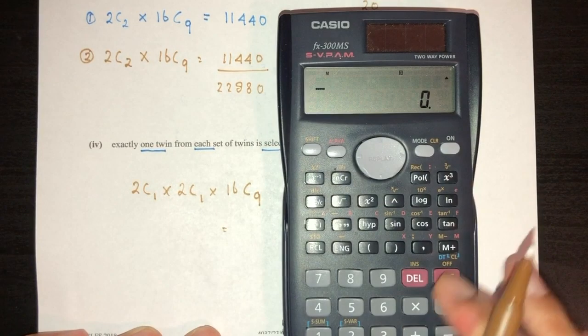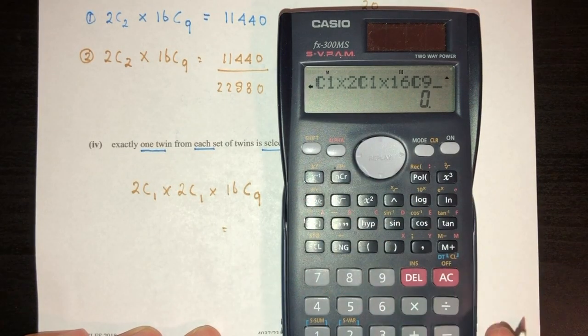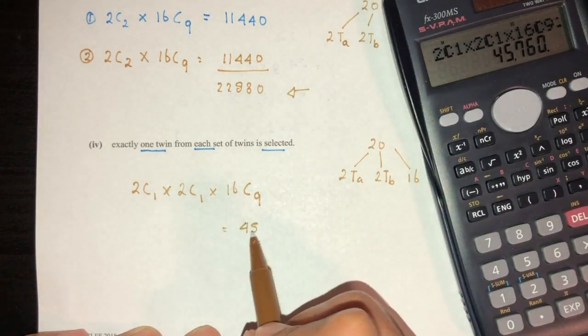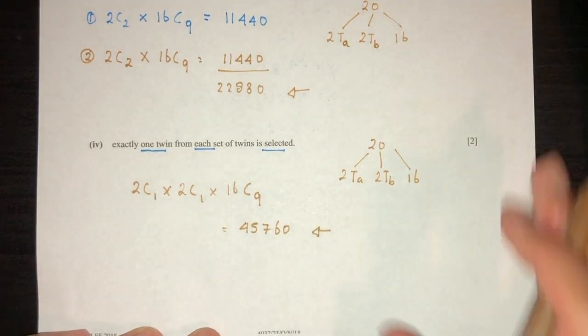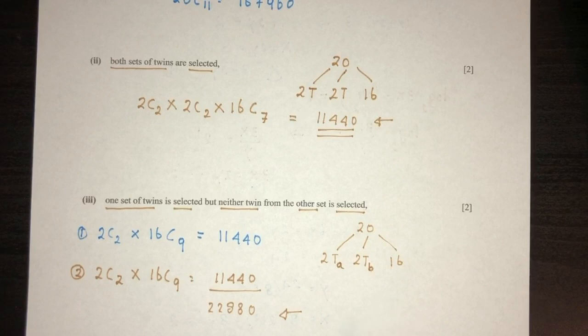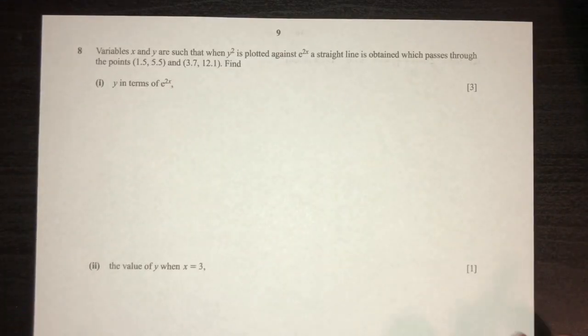So 2 choose 1 times 2 choose 1 times 16 choose 9. That will give you 45,760. That will be your question number 7.